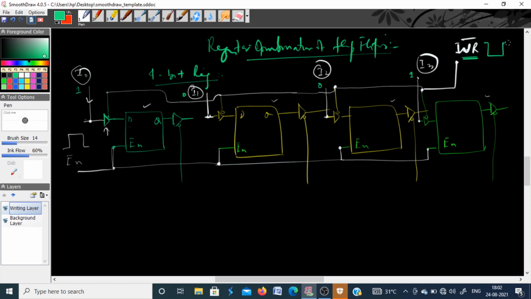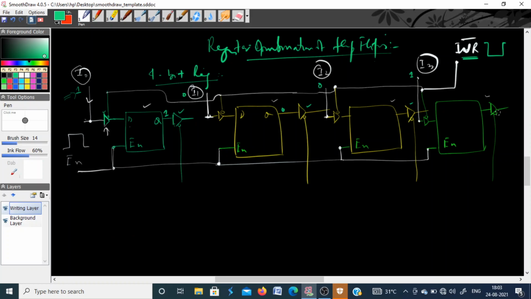So when you send a control signal that is high to low pulse, all these tri-state buffers will be activated at the same time. So when they get activated, whatever is the data at the input of these flip-flops will come to their output. So this 1 will come here. Similarly, for the second flip-flop input is 0, so this 0 will go at the output and so on. So to store now this information 1 0 0 1.